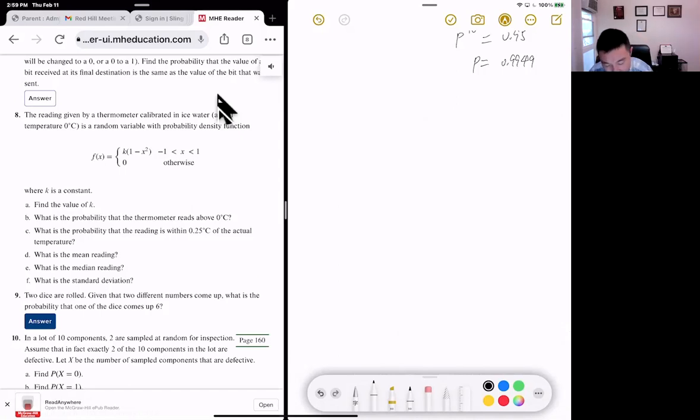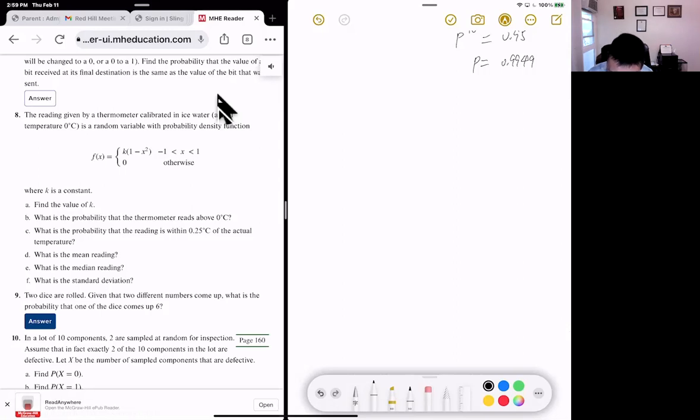It is a random variable with probability density function f(x) equal to k times something, where the range for x is between -1 and 1, and outside it is 0. k is a constant.